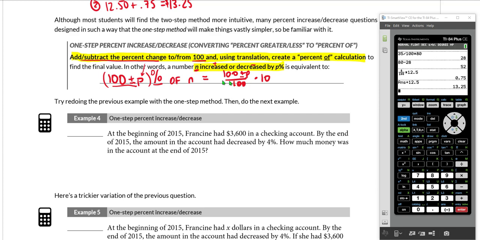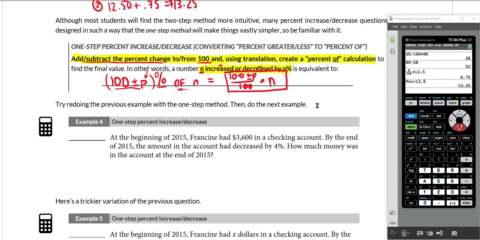Why did I put a 10 there? That should have been an n. So 100 plus p over 100 of n. That is the translated percent of calculation.